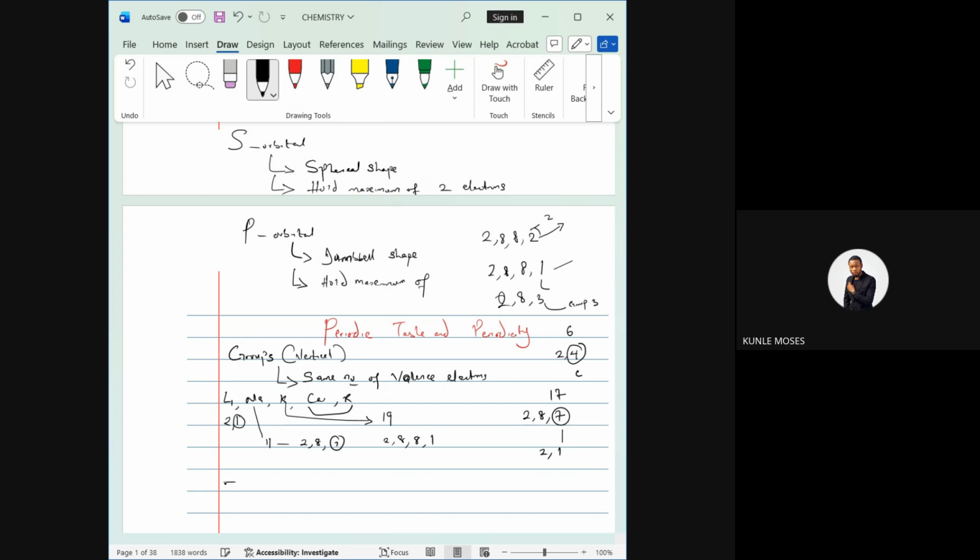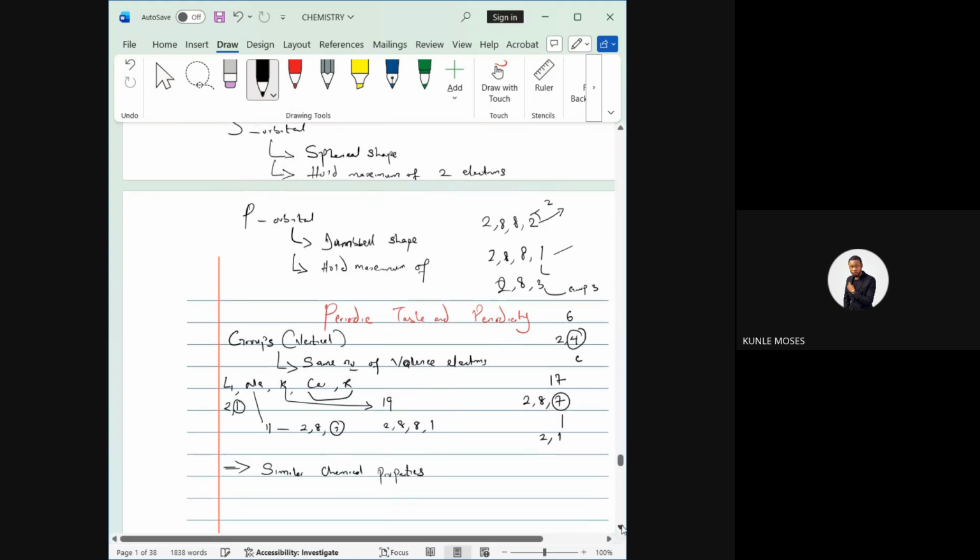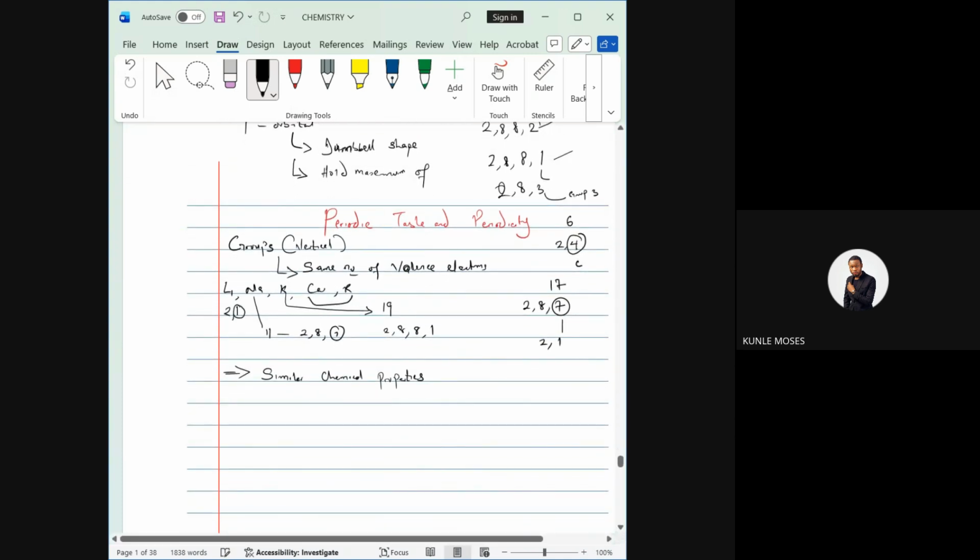Another thing you need to take note of under groups is that they have similar chemical properties. So I believe you can tell us which elements are in the same group if they ask you.